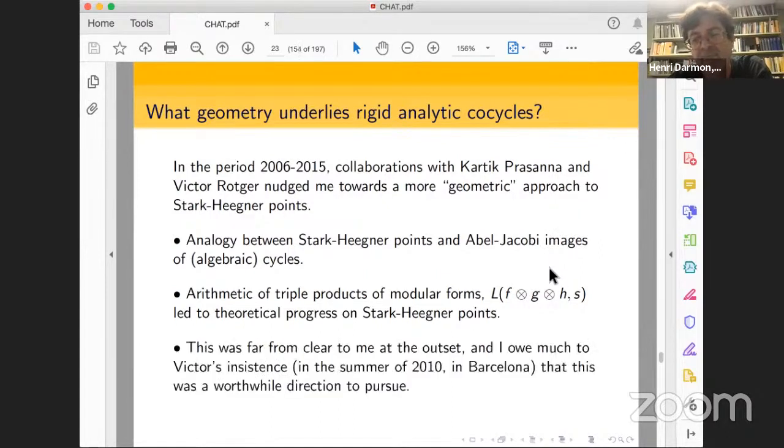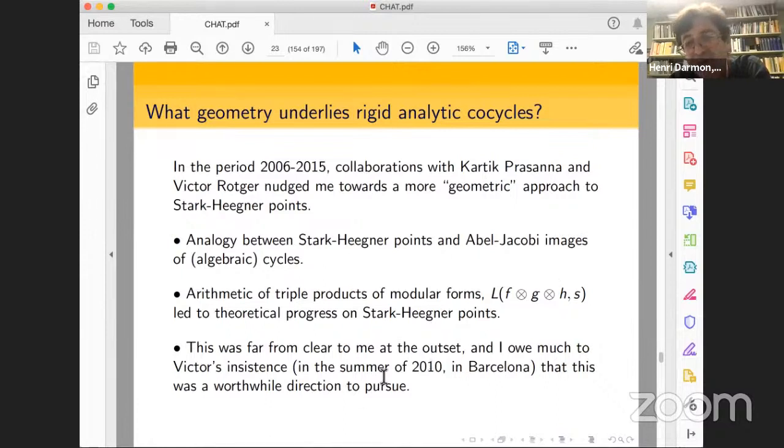But I wasn't very interested in the arithmetic of this rank 8 motive, which is the tensor product of three representations attached to modular forms of weight 2, because that has nothing to do with the Birch and Swinnerton-Dyer conjecture. It's a more exotic kind of motive, if you want.